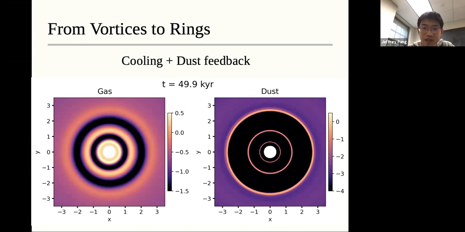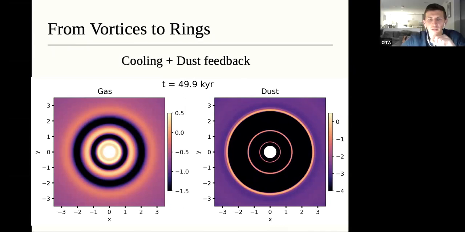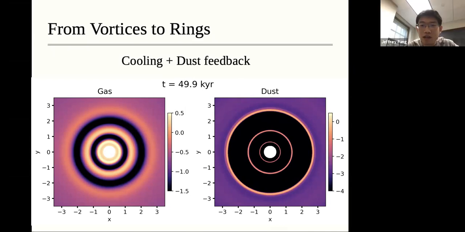Quick question. Do you have to fine tune the cooling time as well as the stopping time to get this result, or is it pretty natural? I didn't, although in the way of testing, when I was running my code many times on different settings, I tried cooling times of 10 or 100. After long enough time, it just looks the same.